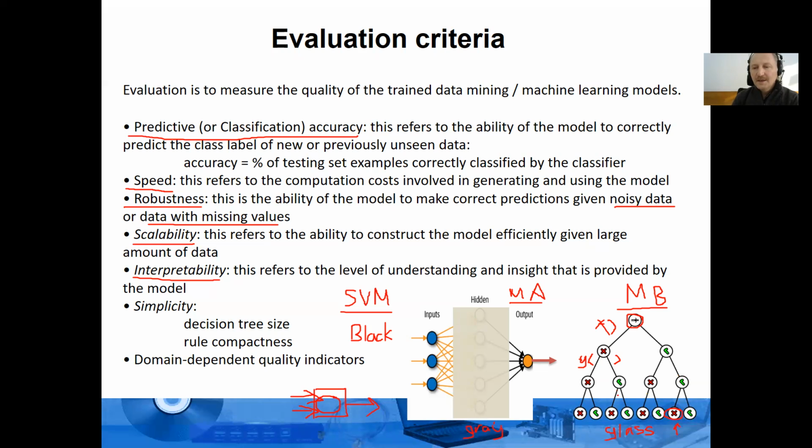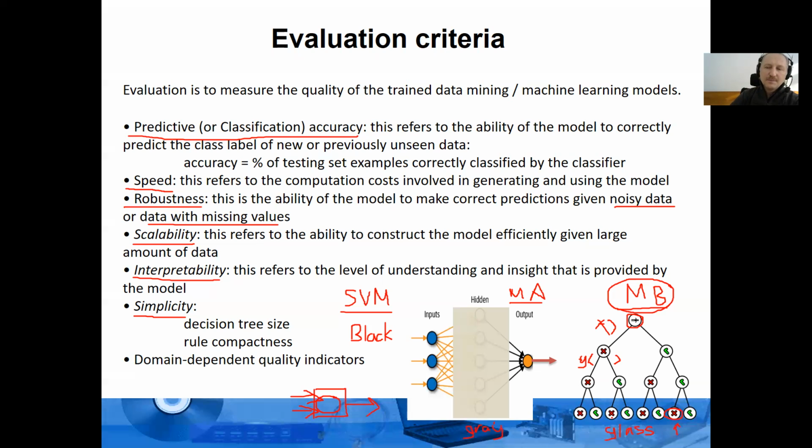That's why, if you want to analyze your data, it is better to use more interpretable models, like decision tree models, for example. Or simplicity: your model will be complex or simple. A simple model is always better than a complex model, because a complex model can memorize the data in your hand, but it will fail when it sees a brand new data set.